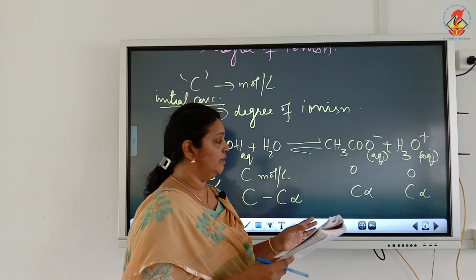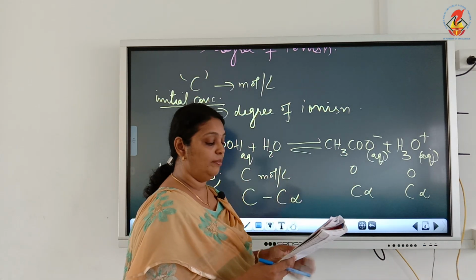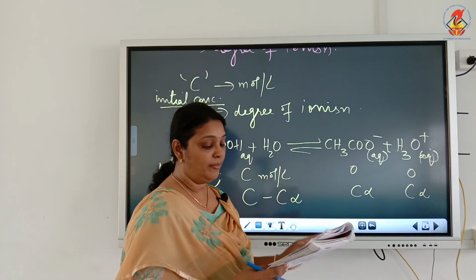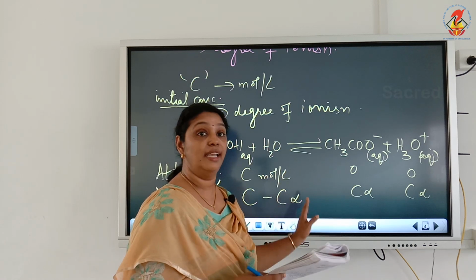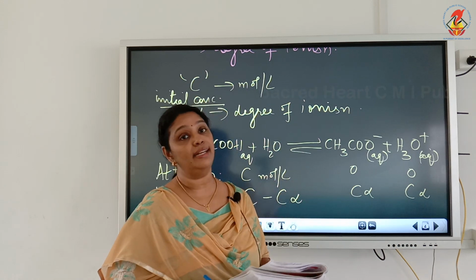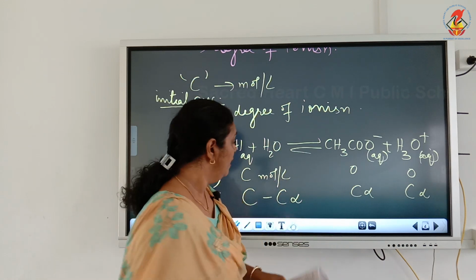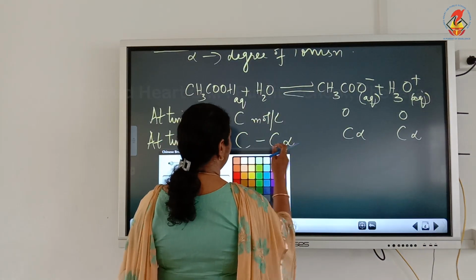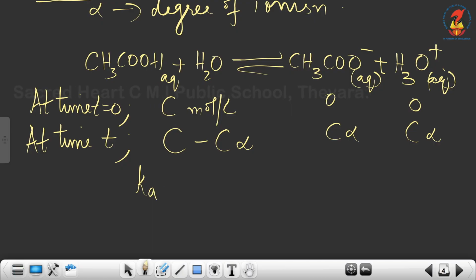So C alpha represents the equilibrium concentration of ions, and C minus C alpha represents the equilibrium concentration of undissociated acetic acid. Now I am going to write the expression for Ka, that is the dissociation constant of a weak acid.